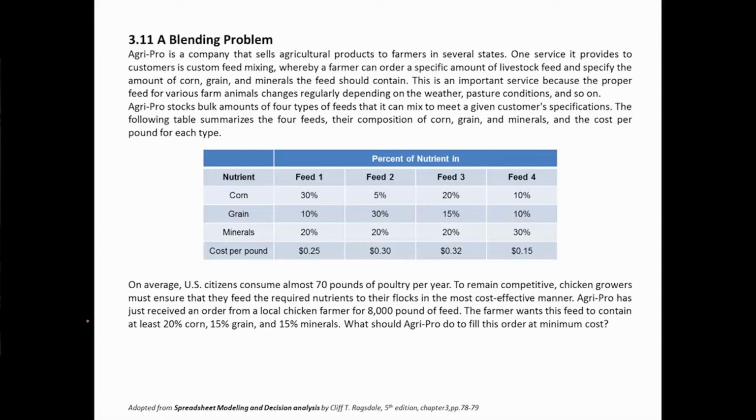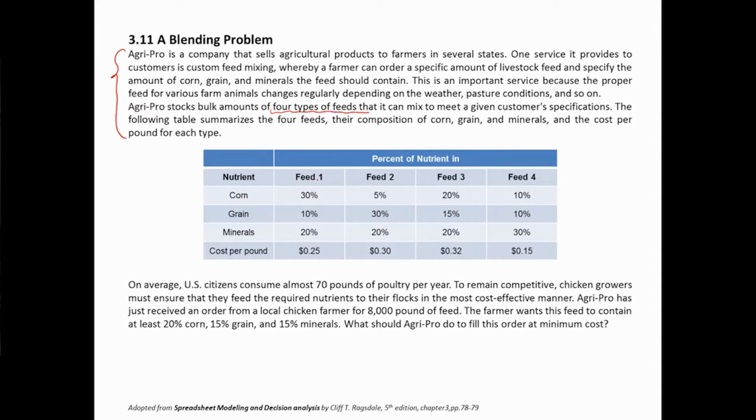So basically, in this problem, the first paragraph is all about some general information. That probably has very little to do with our formulation. It tells you that this company has 4 types of feeds.